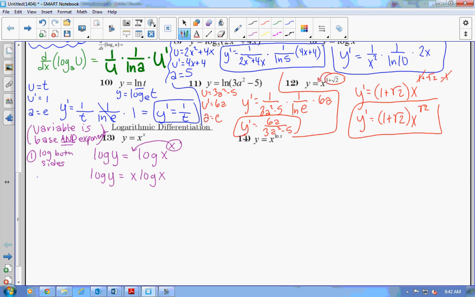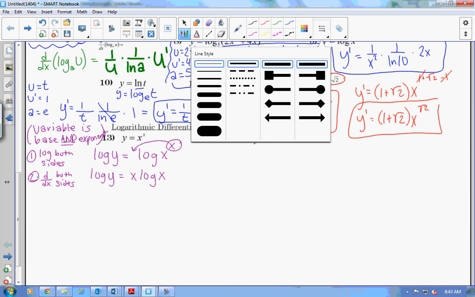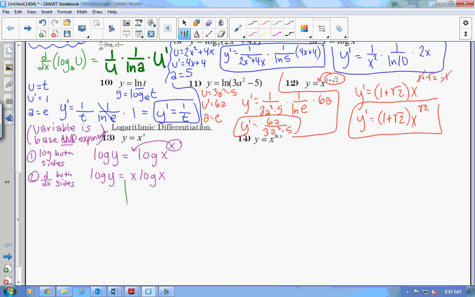Okay? Then we can go ahead and take the derivative of both sides. d/dx, both sides. Okay, so we've learned this log derivative today. We have two sides kind of going on. On the left-hand side, our u is y, u prime is 1, but what is the a? 10.